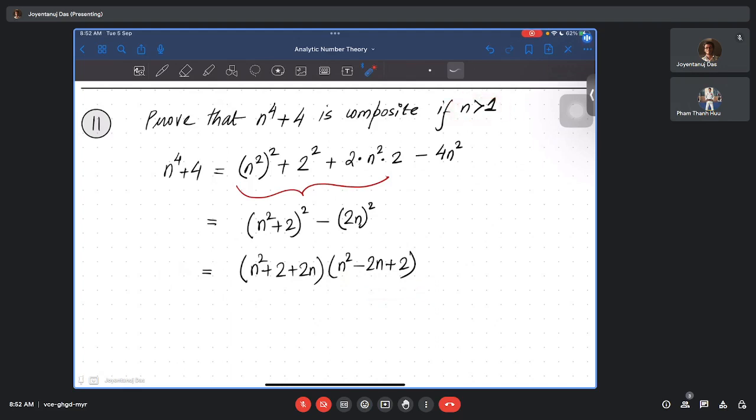So if n is strictly greater than 1, then this part is always greater than 1, because everything is addition. But how to tell about this one?